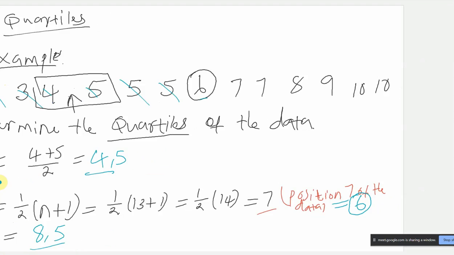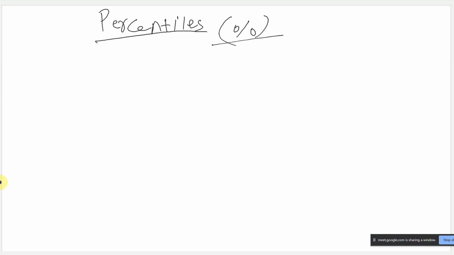Another measure of position that is used in stats is percentiles. I don't know if you've heard this before, have you? Okay, so percentiles are just a form of percentages, determining data using percentages.